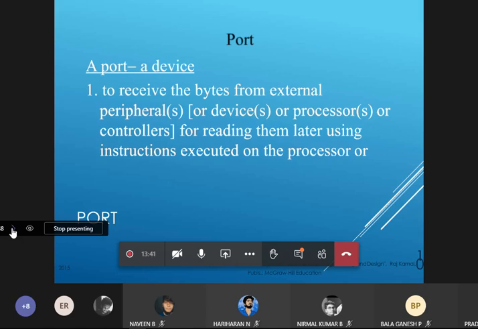Otherwise, processors: if multiple processors are communicating, one processor will give the input to another one. Those are input devices, used for reading purposes, and those ports are called input ports. Output ports are quite the opposite. I want to send data in order to write it. Receiving is for reading, I am reading the inputs, and writing is transmitting. Those are the output ports.